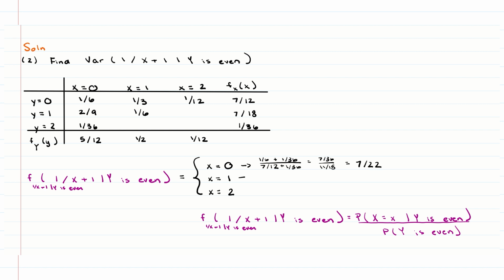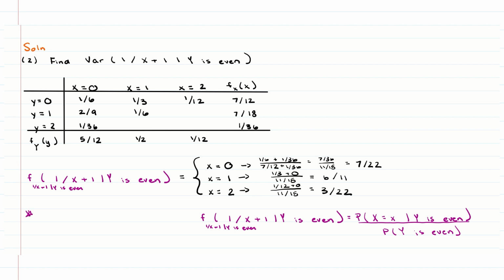Now the joint probability that x equals 1 and y is an even number is 1 over 3 plus 0 over 11 over 18, and this will give us 6 over 11. And then the joint probability that x equals 2 and y is an even number is 1 over 12 plus 0 over 11 over 18. And this simplifies to 3 over 22.